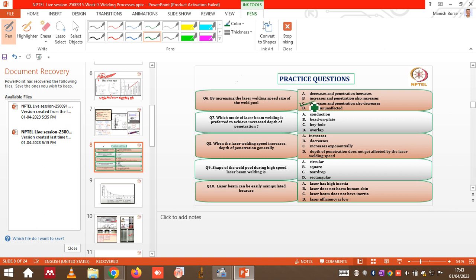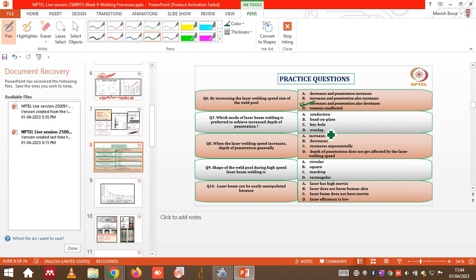In the seventh question they ask which mode of laser beam welding is preferred to achieve increased depth of penetration. Maybe we will see that in the subsequent slides. There are different modes of laser beam welding or laser beam processes, like conduction mode and keyhole mode.